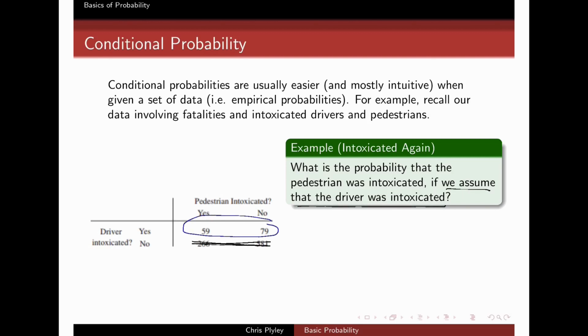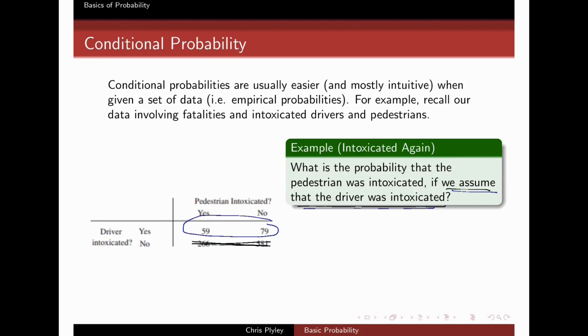What is the probability that the pedestrian was drunk if these are the only accidents we care about? Effectively, this assumption has reduced our sample space from 985 to just this top row, to just 59 plus 79. That is all that we care about now, these 138 accidents.